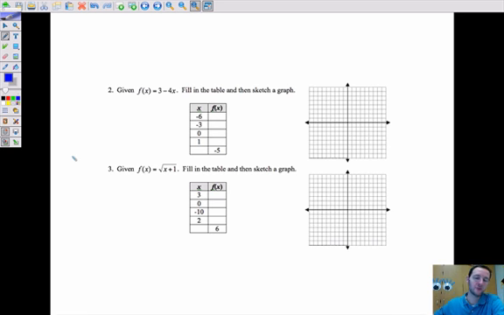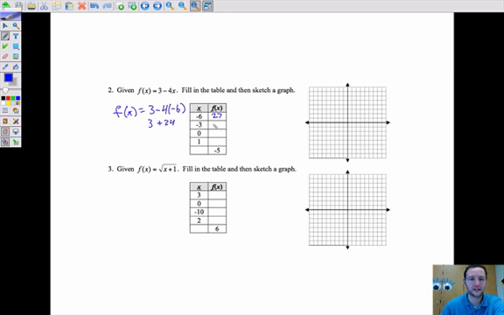Here we are given a function and we need to fill in the table. So we're basically just plugging in different x values and finding what this equals. For instance, this negative 6 would be f of x equals 3 minus 4 times negative 6. Well, that's 3 plus 24, which is 27.